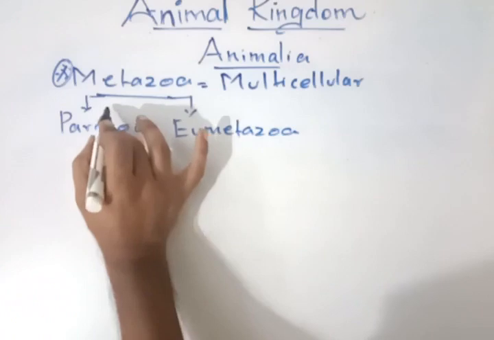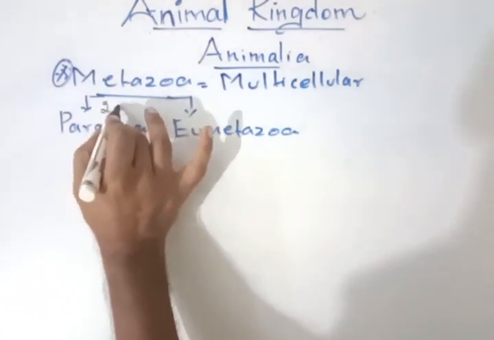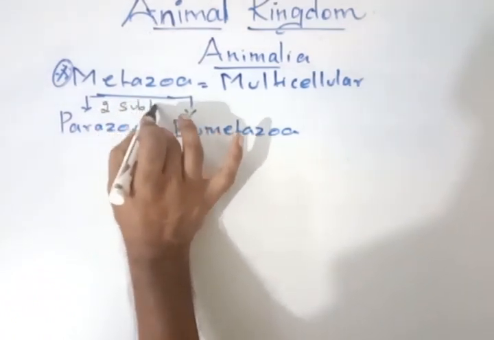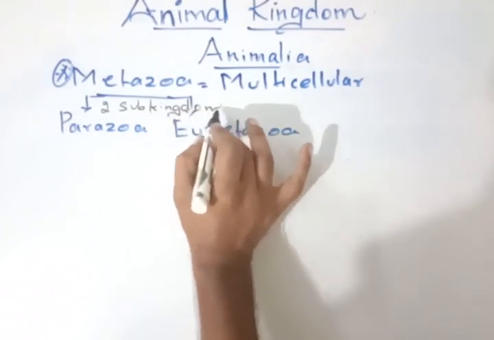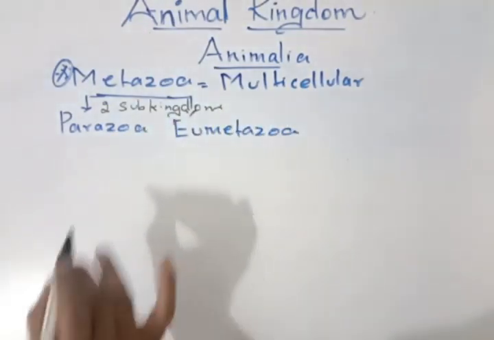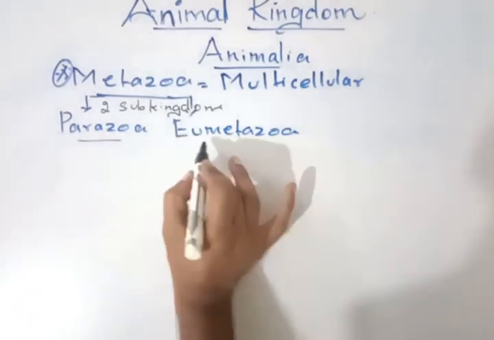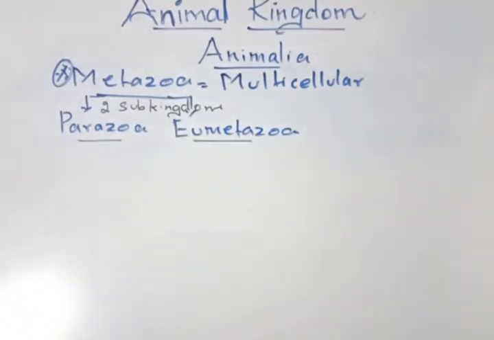So these are the two subkingdoms, parazoa and eumetazoa. So this parazoa and eumetazoa we will discuss at the end of this session. We will study something before that, and then finally we will come back to this parazoa and eumetazoa.